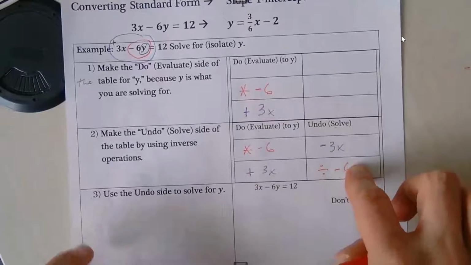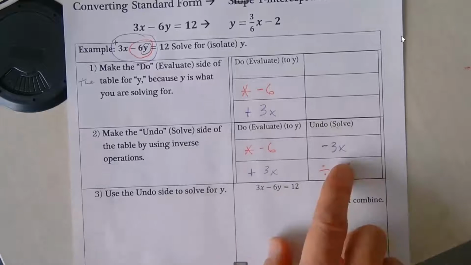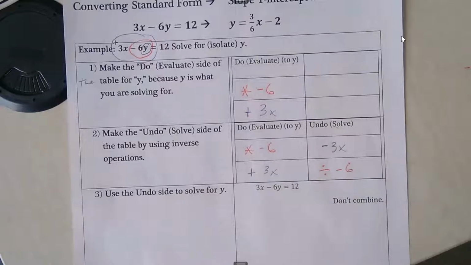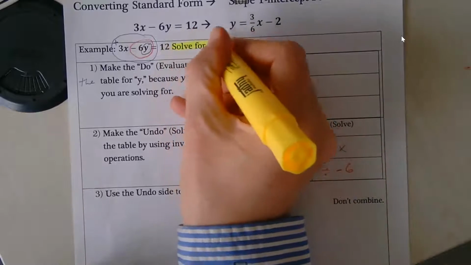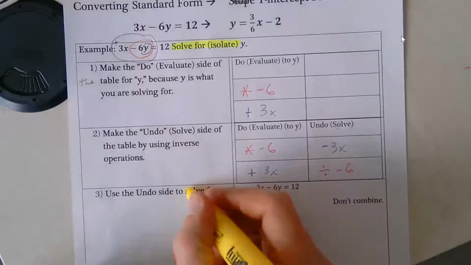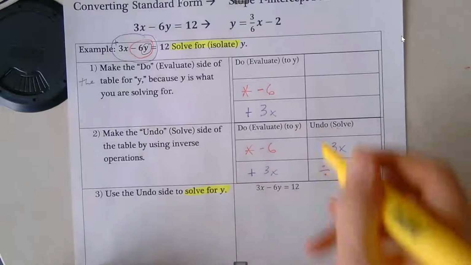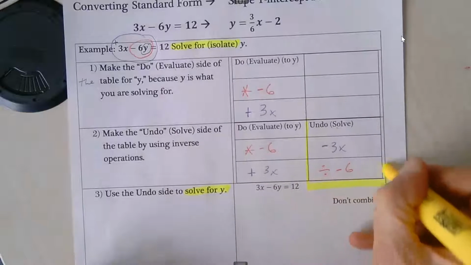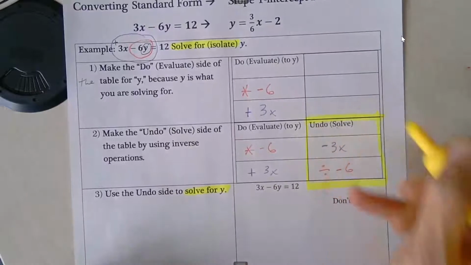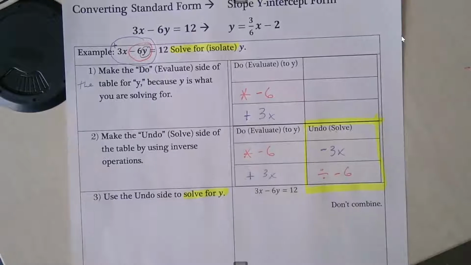So these are the steps that we will follow in order to solve for y. So again, we said solve for y. To solve for y, use this side of the table. Okay. So now, let's follow these steps.